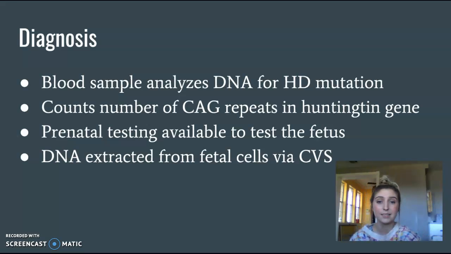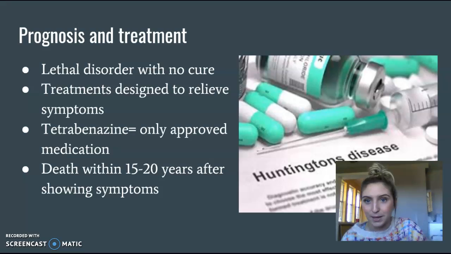There's also prenatal testing available to test the fetus, where DNA is extracted from the fetal cells, and parents are allowed to make the decision whether they would like to terminate the pregnancy or take the chance of their child carrying the faulty protein, excuse me.